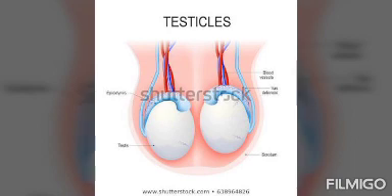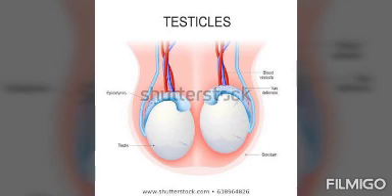So first point, testes are the primary male sex organs. They are a pair of ovoid bodies lying in the scrotum. Second point, the location of the scrotum. The scrotum is a sac of skin that hangs outside the abdominal cavity.